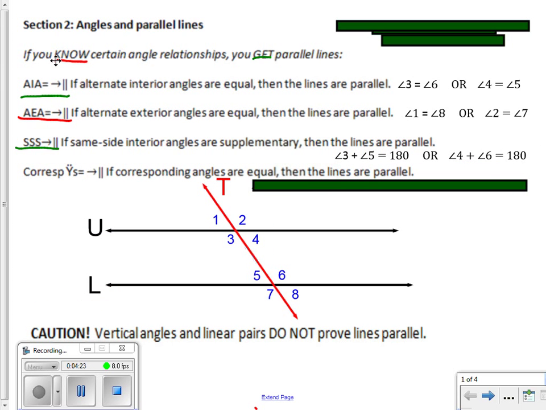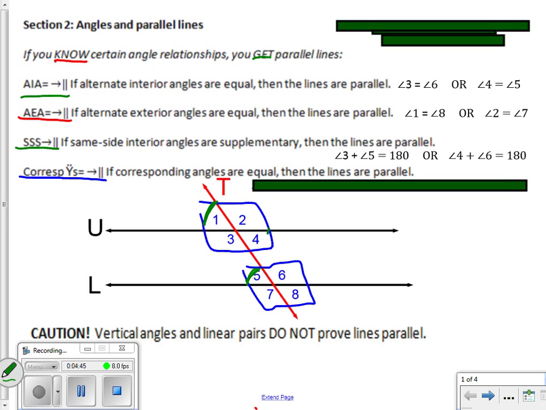The last one that we know for sure is if the corresponding angles are equal, then the lines are parallel. Remember corresponding angles: if we look at this box and this box, the corresponding angles would be like angle 1 and angle 5. If those are equal, then U and L have to be parallel.